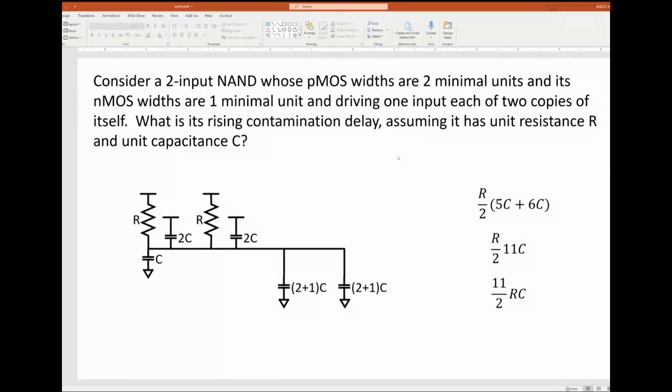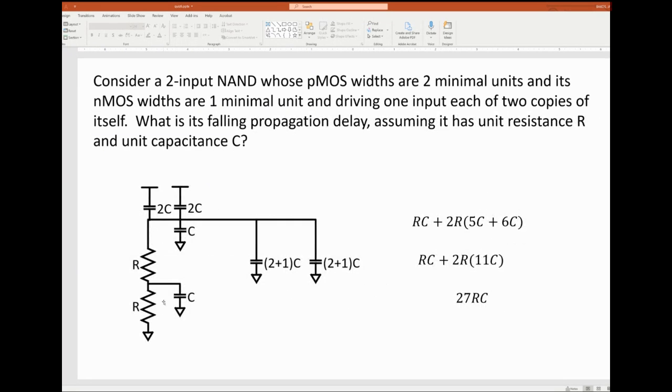And then the last question is the 2-input NAND, basically the same idea, except now rising contamination delay. You might say, well, why did you do rising? Why not falling? Well, falling contamination delay should be the same as the propagation delay, because anytime you pull down, the minimal amount of resistance to ground is 2R.